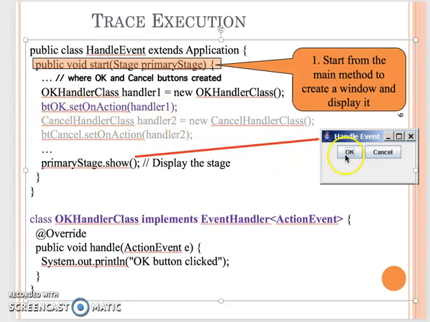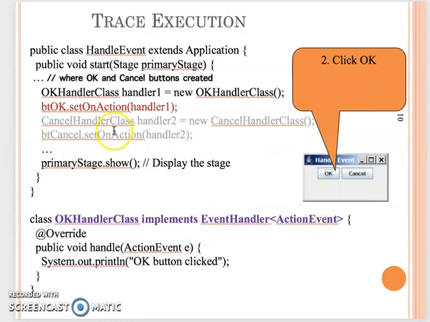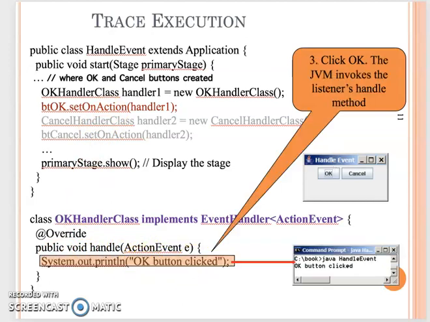So when you click the OK button, since the handler is registered to the OK button, the action creates the event object. The event object is passed into the listener, and then it invokes the handle method. That's why the OK button click message is displayed in the console.